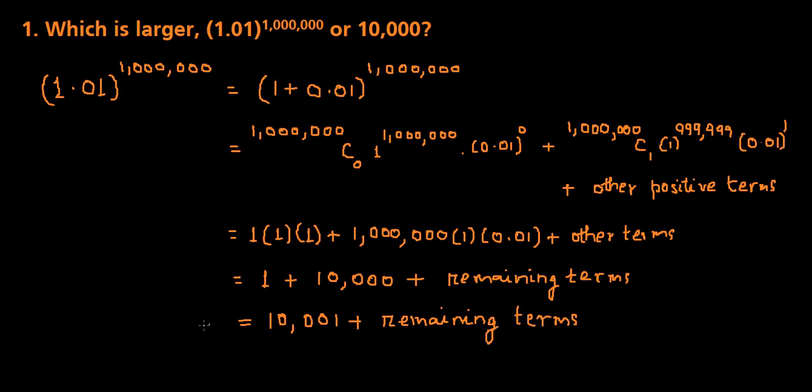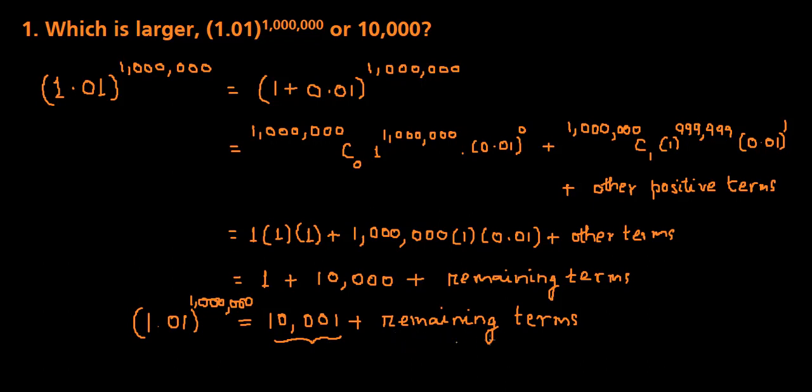Now what we have to do is compare it with 10,000. Okay, so you can see I have already got 10,001 and there are still other terms remaining which we haven't added yet.